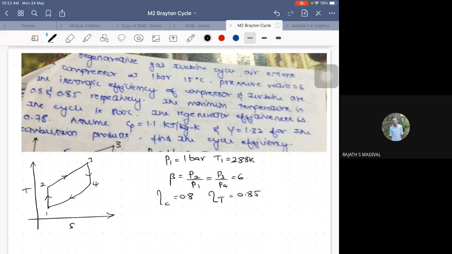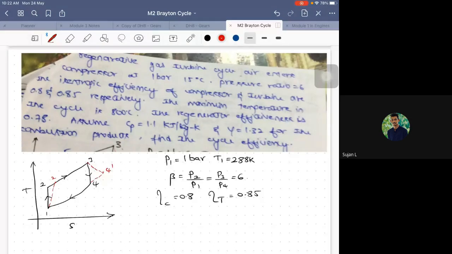So when he has given the efficiencies of the compressor as well as the turbine, what you are supposed to do? 2 dash and 4 dash. Exactly. So the deviated path you have to draw to meet at 2 dash and meet at 4 dash, something like this.